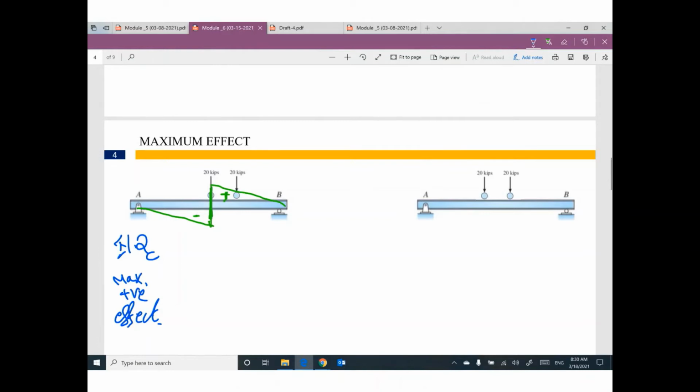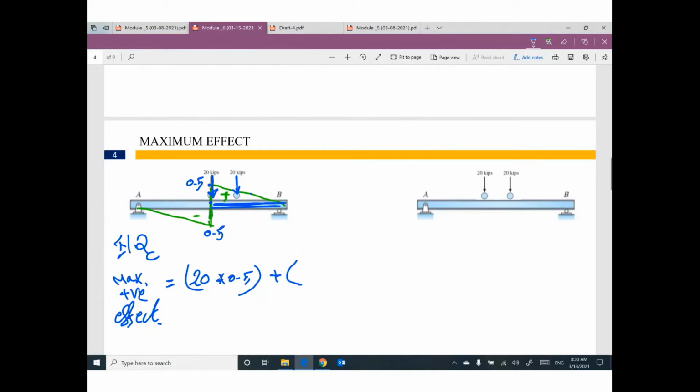To get the maximum positive effect as an engineer, I decided to put the truck on this side of the bridge. By the way, this value was 0.5, this value was 0.5. I decided to put the truck on the side with positive diagram. So the maximum effect will be the first load 20 times this value, corresponding value will be 0.5.